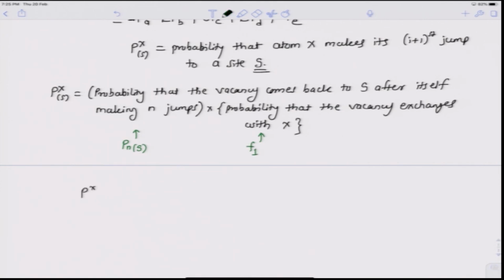We know P_xS is equal to P_n(S) times F_1.